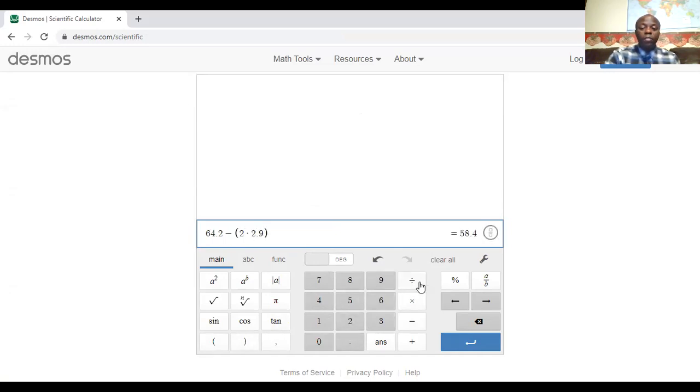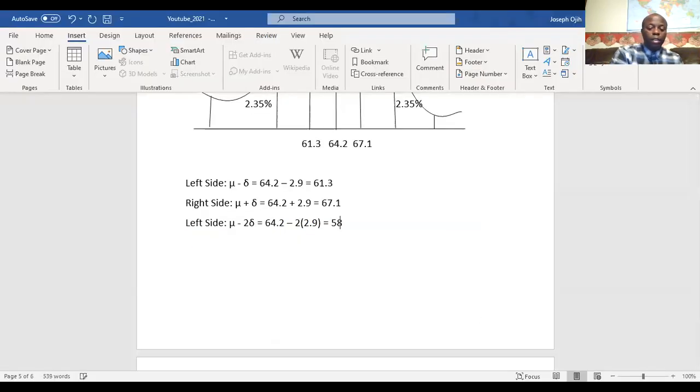The closest gives me 58.4. So I'm taking it back here. We got 58.4. Then we'll repeat the same thing for the right side, except that this time we use a plus.